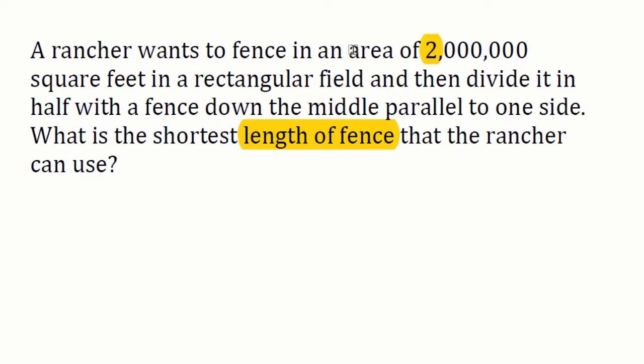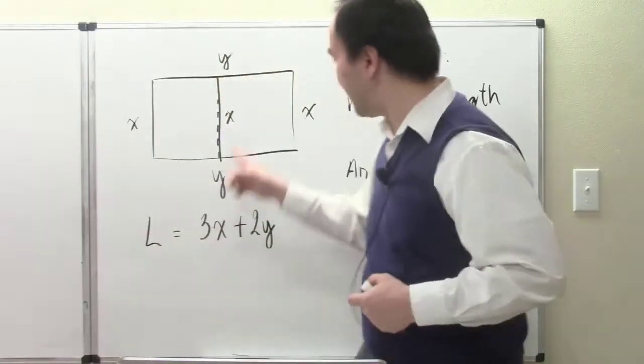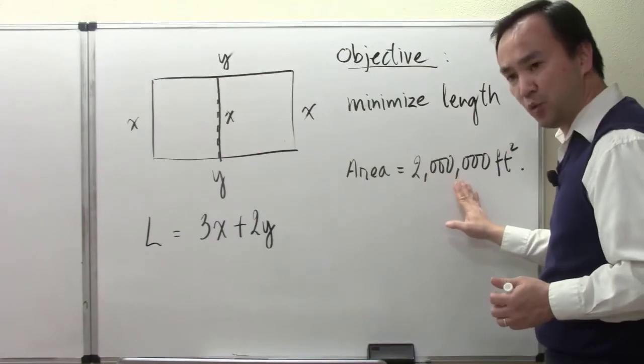We want an area of 2 million square feet in a rectangular field. And that's how I know that the area of that field that I'm fencing is 2 million square feet.